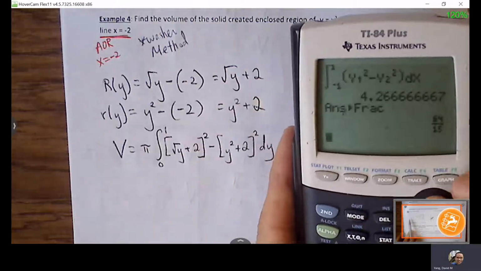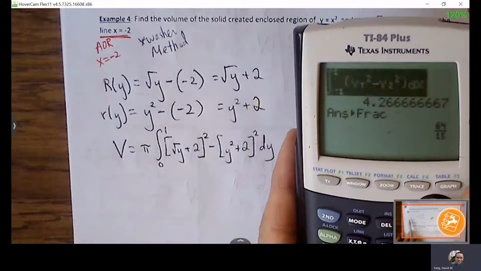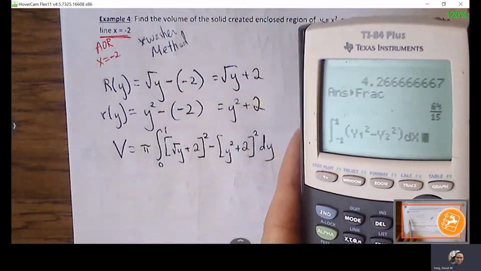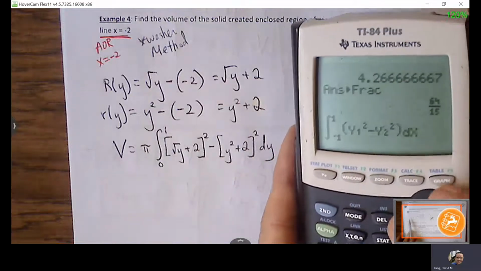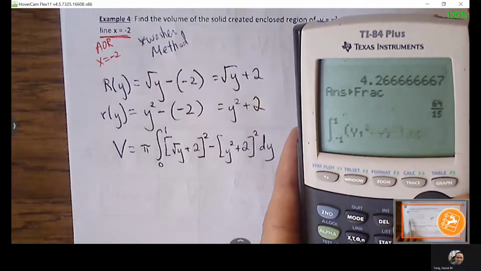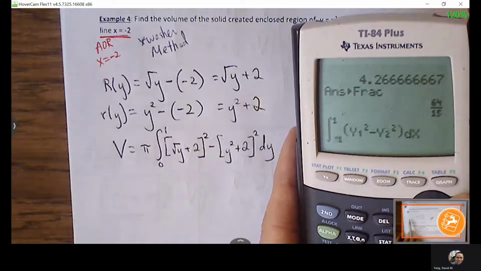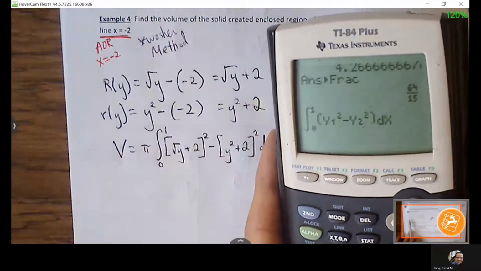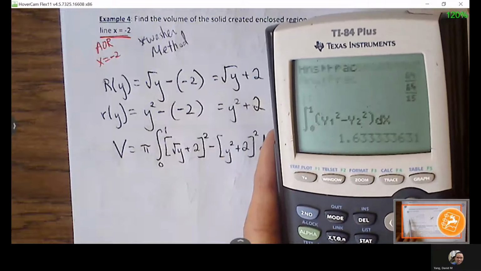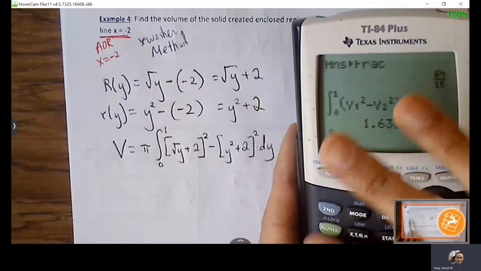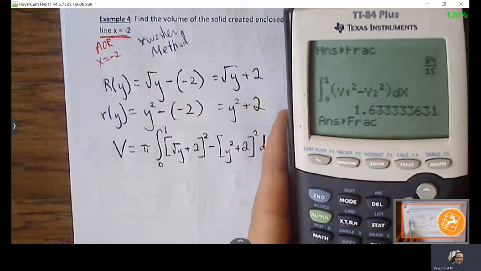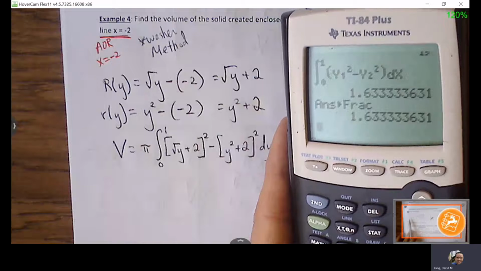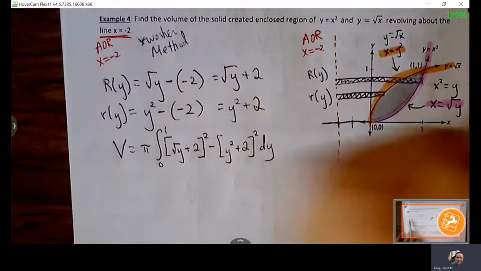Go back to your home screen. I can just pull up my previous entry and just adjust the bounds. Try to convert to a fraction, math 1. If it can't, then you can just approximate to 3 decimal places. Don't forget the pi as well.